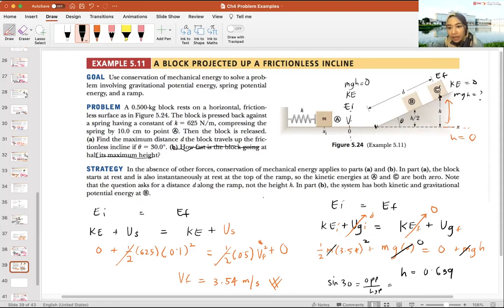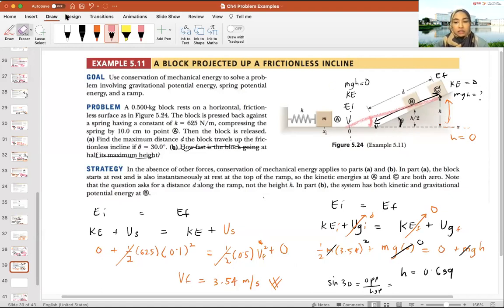Sebab apa? Sebab angle ni specifically untuk this part to this part. This angle is specific. If we wanted to find out what is the distance from here to here, the angle would not be 30. It would give us a different angle. And from that angle, kita akan tahu a different D. So this works because of trigonometry.